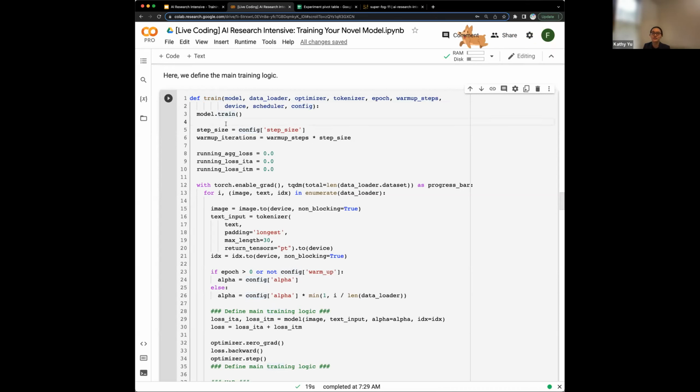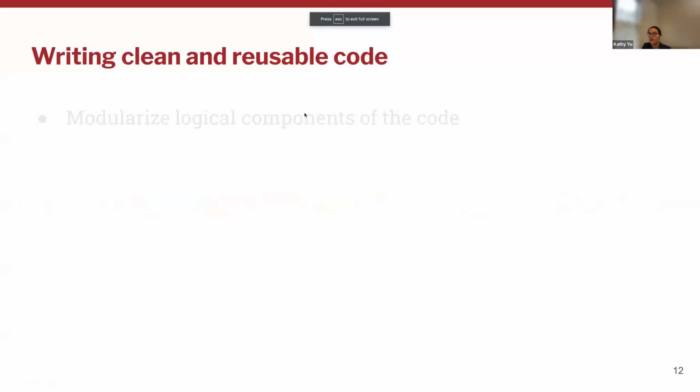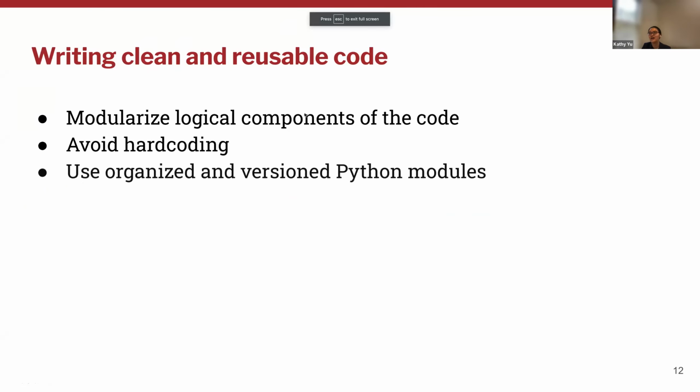So just to very quickly recap, the two things to note here in terms of writing clean and reusable code are modularization and avoiding hard coding. In addition to that, even though we are doing this live coding session in Colab, in general, it's better to use Python modules and Python scripts to organize your code.